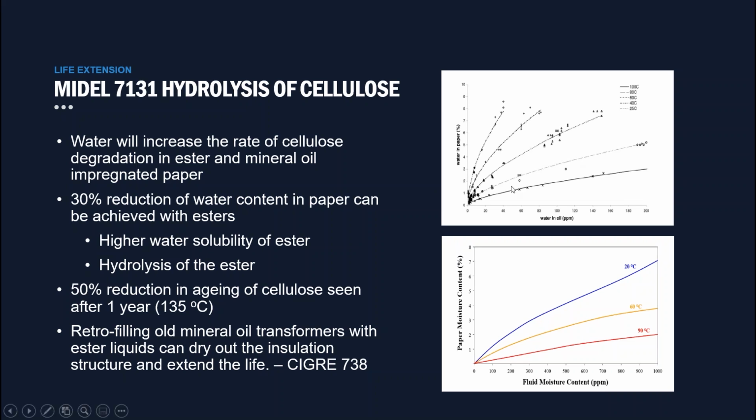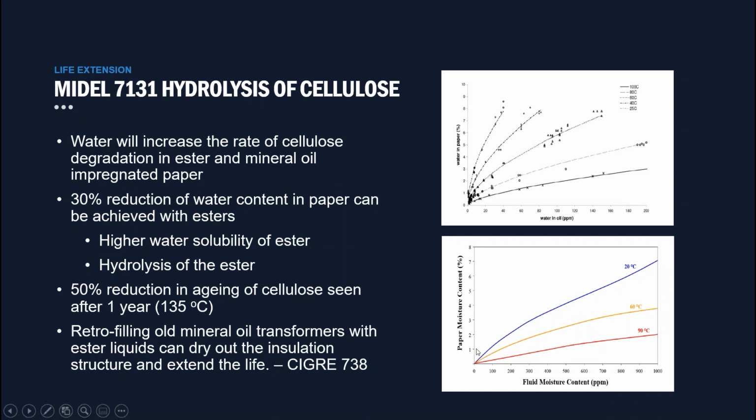So let's have a look at mineral oil, 50 parts per million, like the previous transformer case study. At 60 degrees Celsius, 50 parts per million equates to about more than 3% water content in the paper by dry weight. And at these levels, we'll see elevated levels of paper breakdown, potentially.